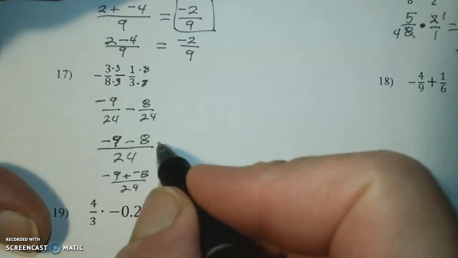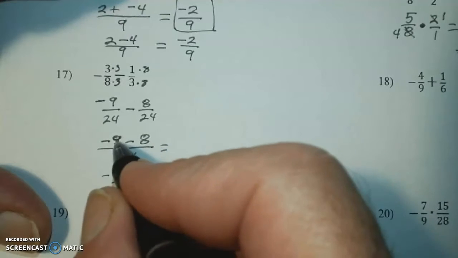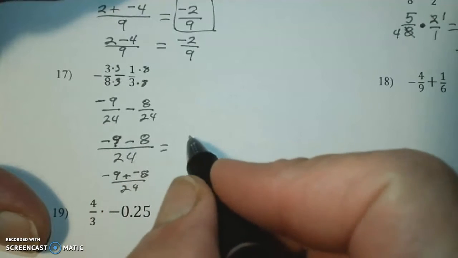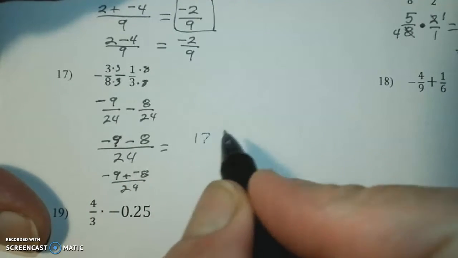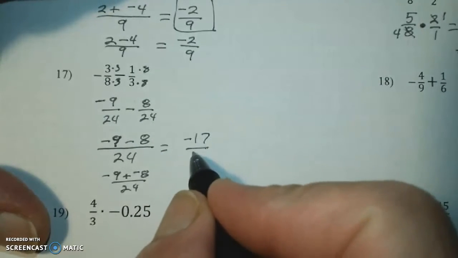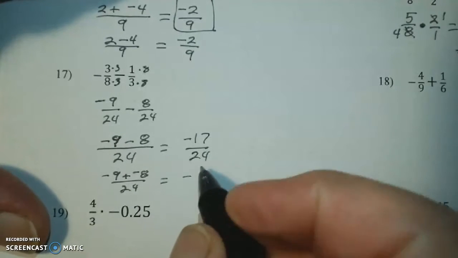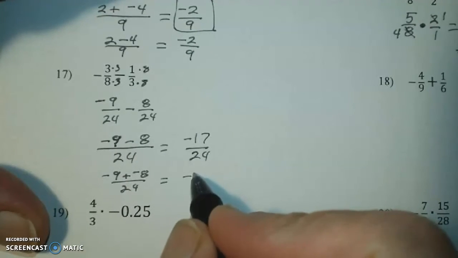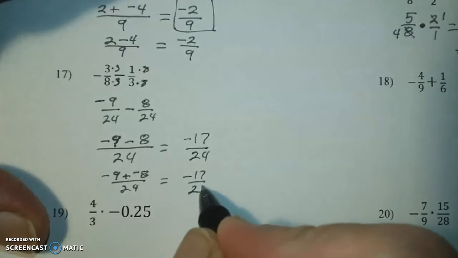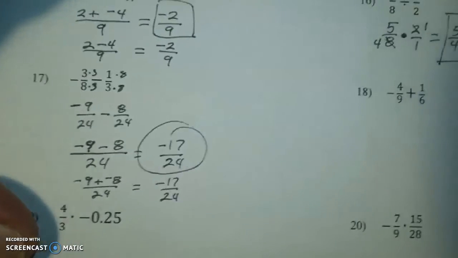Either way, these are the same signs, so you're going to add them and keep the sign. 9 and 8 is 17. Keep the sign, negative 17/24ths. That is the same answer you would get here, negative 17/24ths. Okay, and that is your answer.